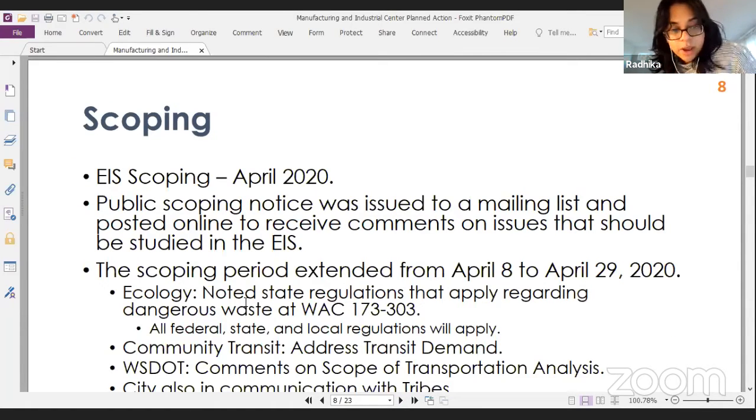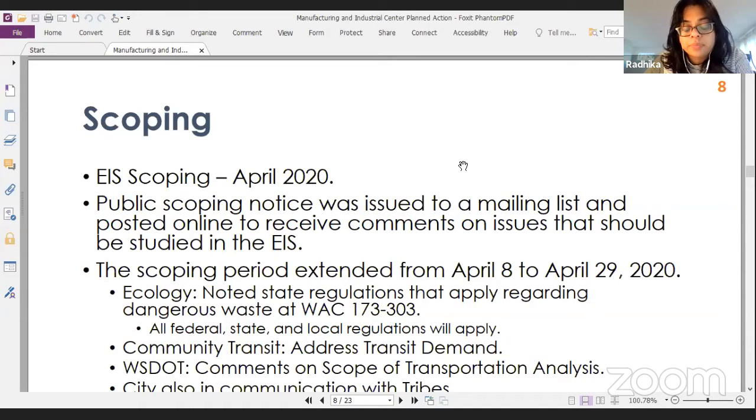I want to talk a bit about the scoping period and some of the comments that we got. We got 3 comments primarily. We got comments from the Department of Ecology that reference state regulations that apply to dangerous waste. We got comments from Community Transit where we were asked to address transit demand from the conceptual alternatives.